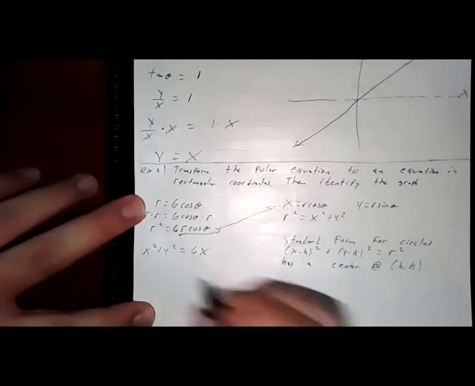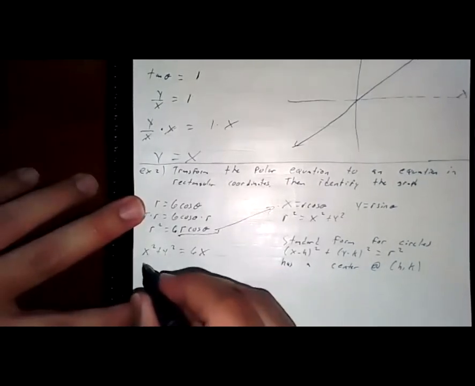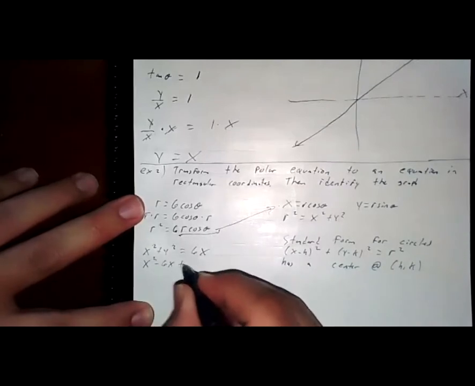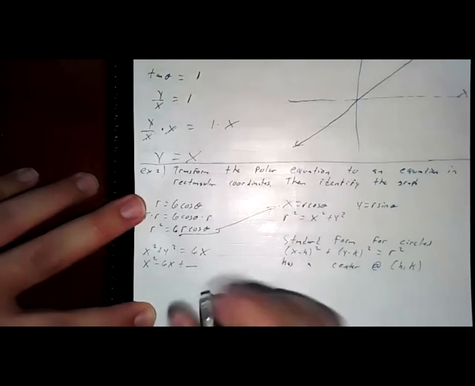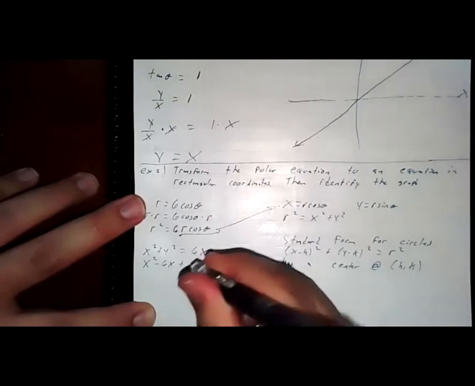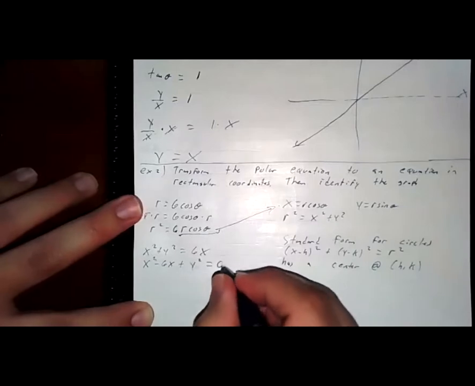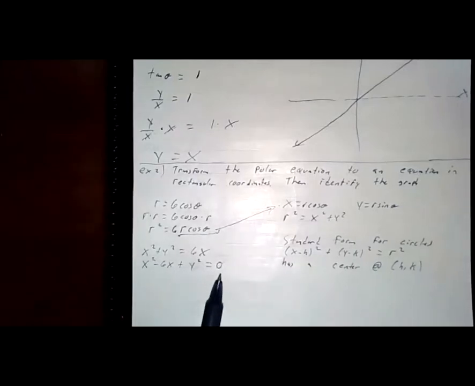So we're going to have to complete the square. So get all the x's on one side by subtraction. I subtract the 6x over here. Now the y squared is good. It's already a perfect square. I just need to deal with the x stuff. So I need to introduce a constant that will complete the square for the x terms.